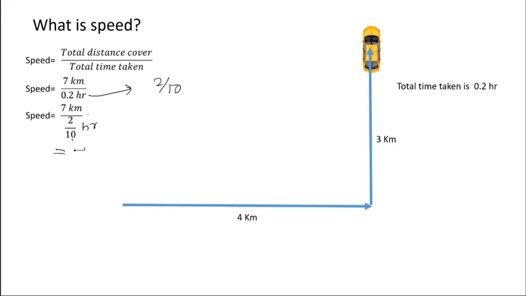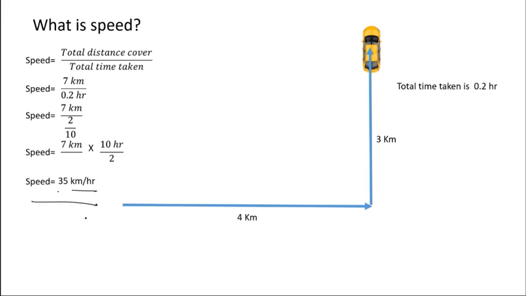So generally what happens, 7 into this becomes 10 by 2, right? And finally you get a speed in kilometer per hour, 35 kilometer per hour. Now I'm not going to convert this into meter per second. Let us keep it this way. The speed of the car here traveling from A to C is 35 kilometer per hour.